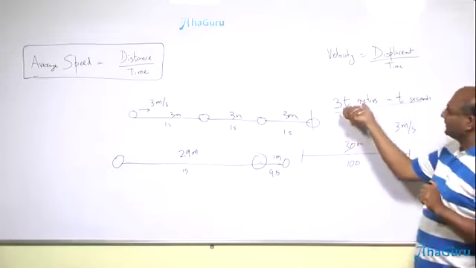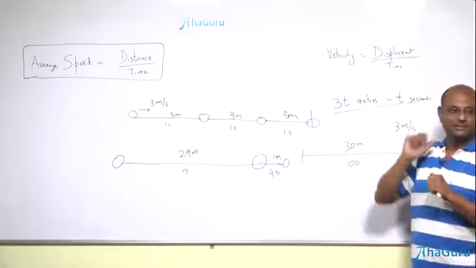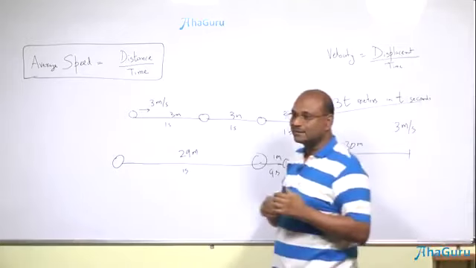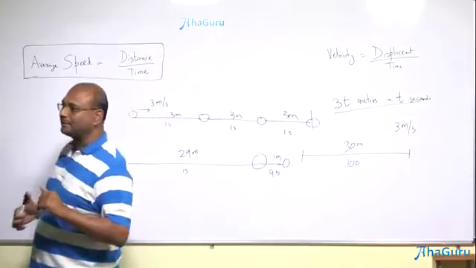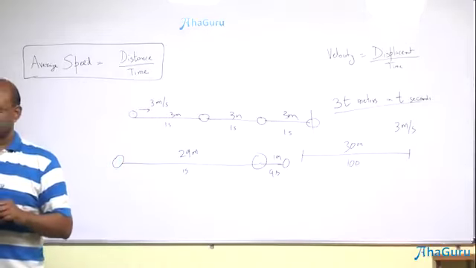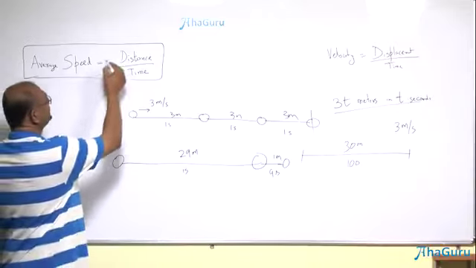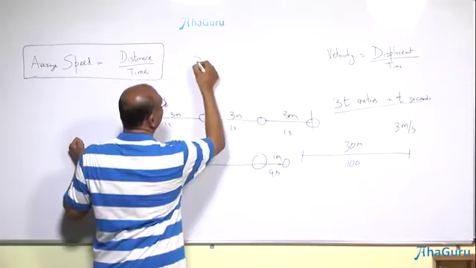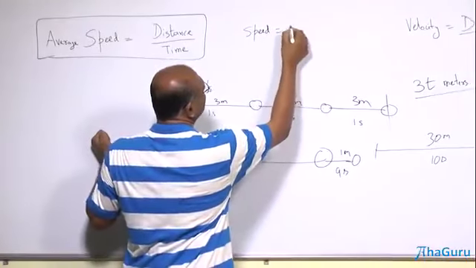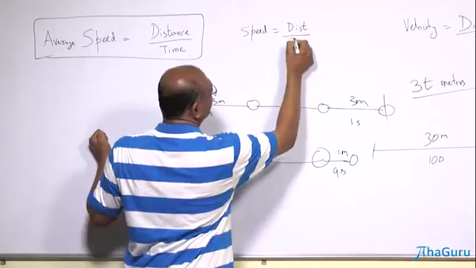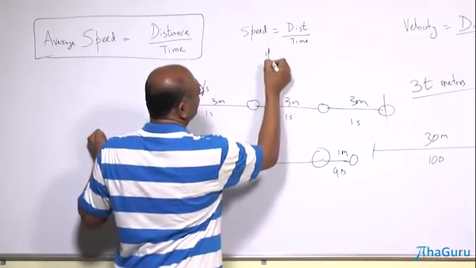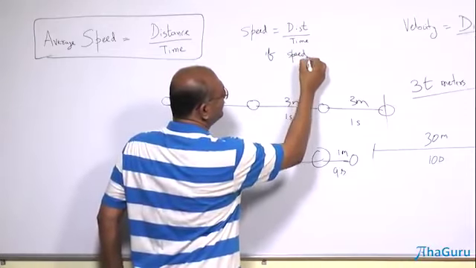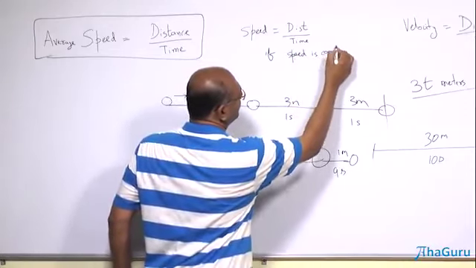But if I tell you that you traveled 3t meters in t seconds, you can't do distance by time and find out the speed, unless you know already that the speed is constant. Okay, so distance by time is not speed, but you can think of it like that. You can say speed is distance by time if you know that it is uniform, if speed is constant.